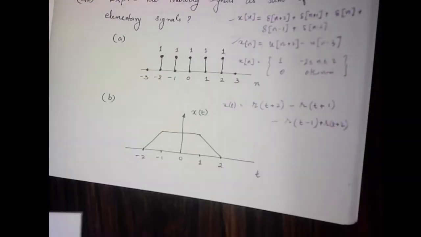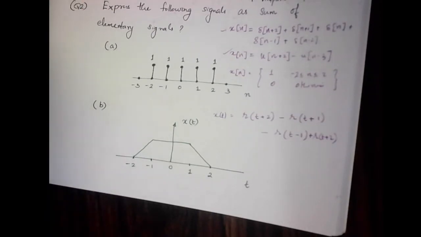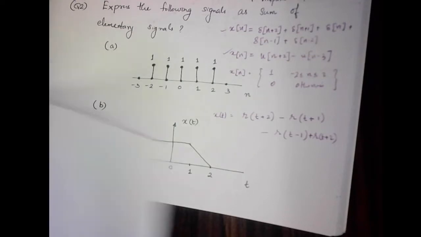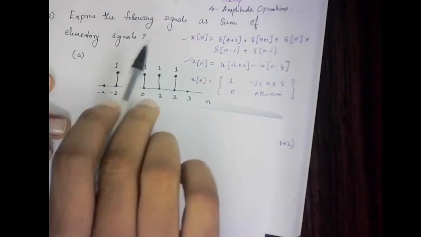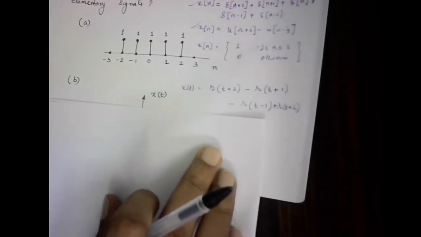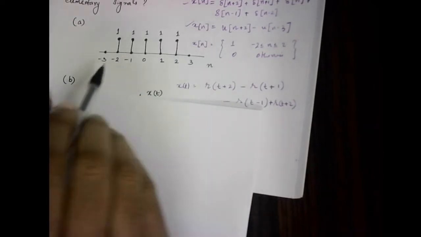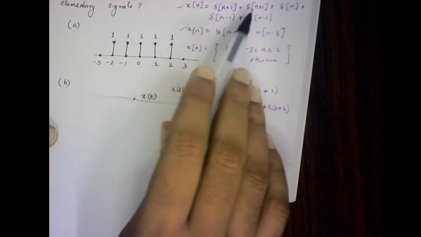So let me come to the second question. Now, if you understand how I have sketched these signals, this part is relatively easier. The first question is: express the following signals as a sum of elementary signals. I have mentioned in one of the previous lectures that any signal can be expressed as a sum of impulse signals or sample signals.